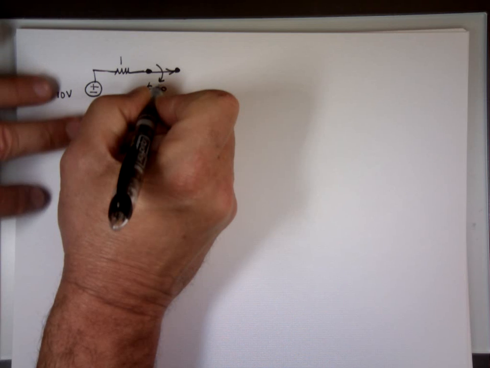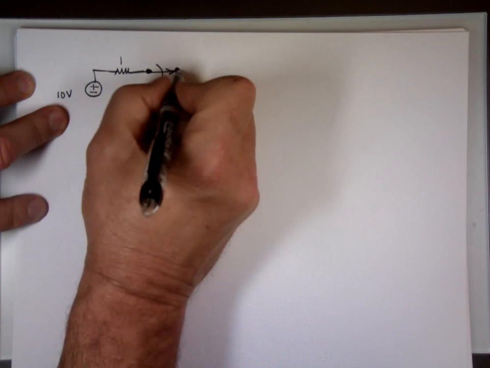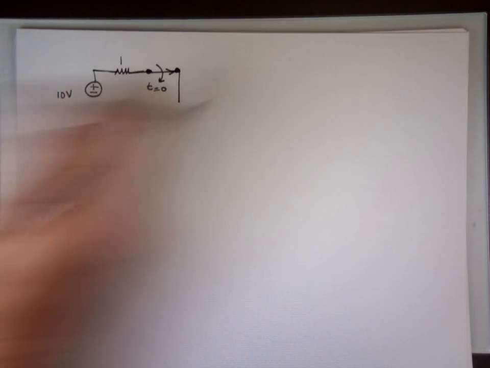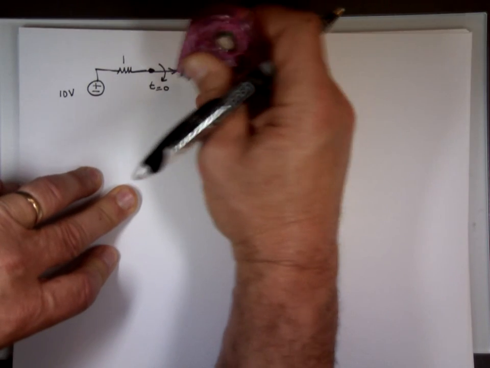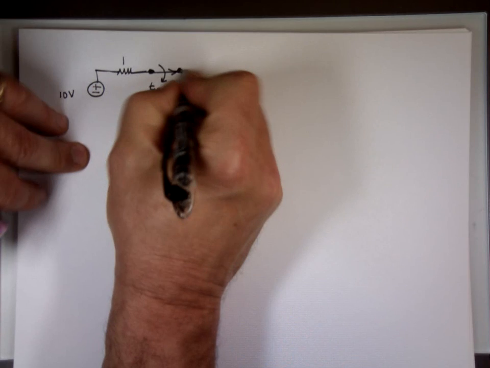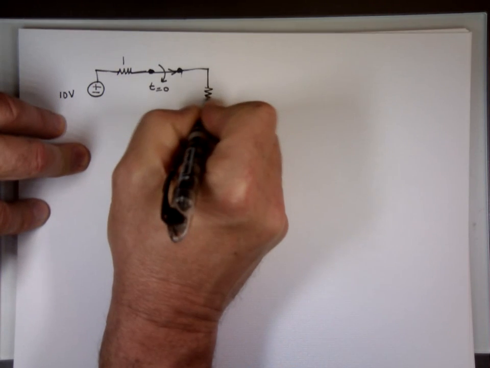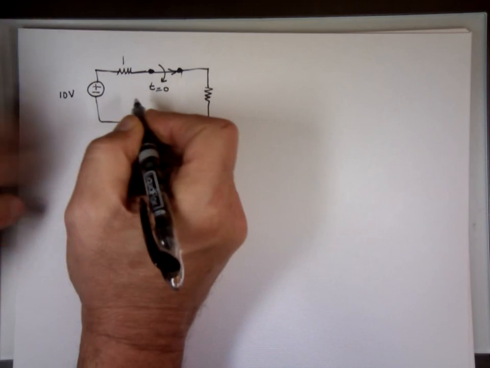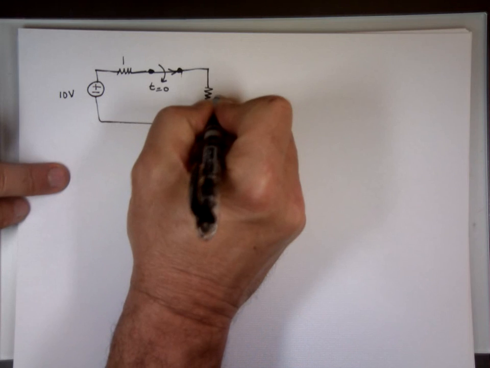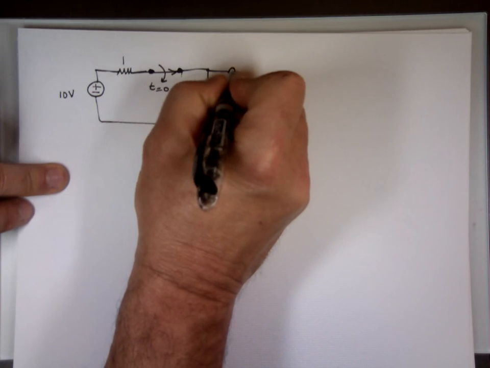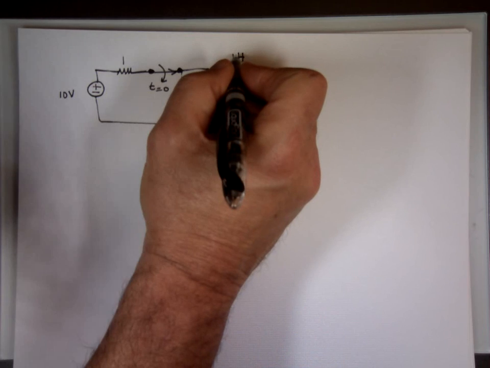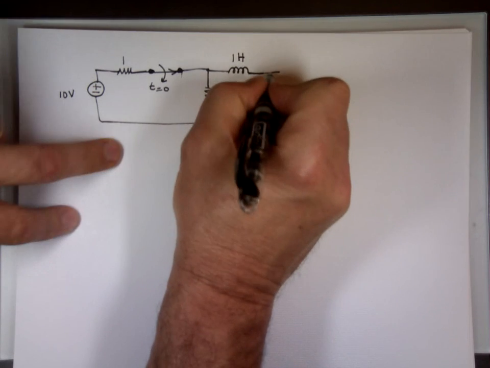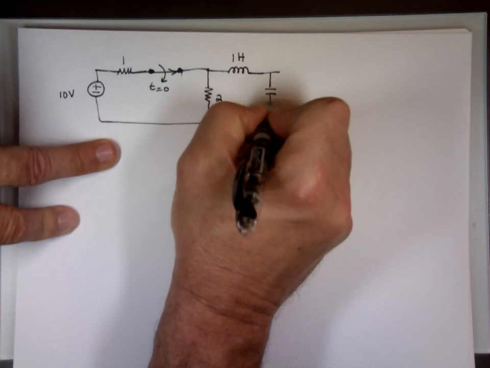It's going to go, oh, it's going down, but let me make it look a little bit nicer. Not from the dot. Let me push it to the right a little bit there. Then bring it down. This is 2, 1 Henry, 1 farad, and let me actually have fun with this.